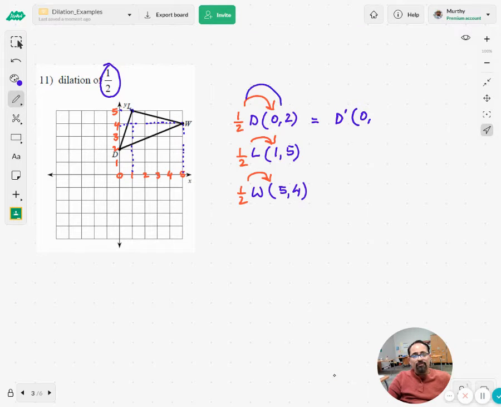Then half of 2, you know that it is 1. Next, L prime, half of 1 is a half. You can write it as 0.5 or maybe 1/2. I personally prefer to write in decimals. Now, half of 5, think in terms of money, half of $5 gives you 2.5. I'll say 2.5.